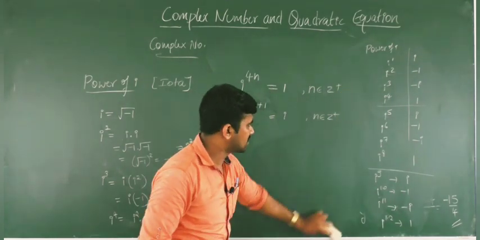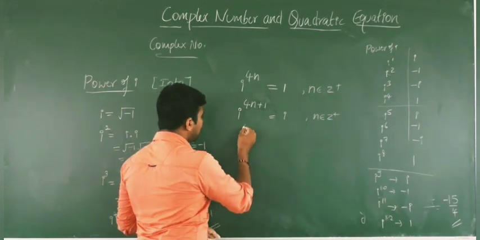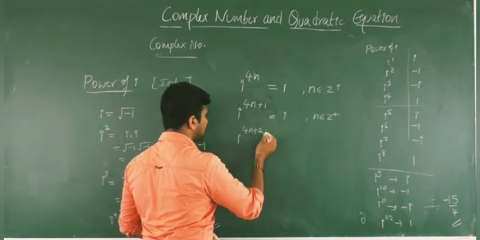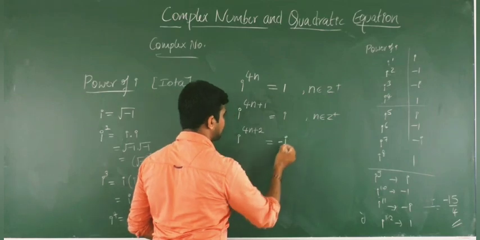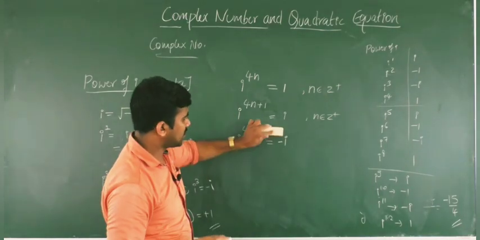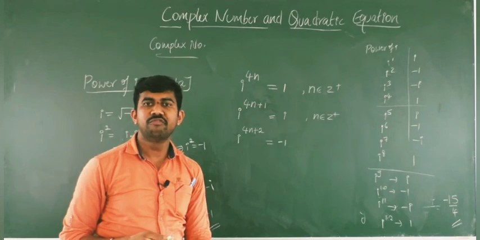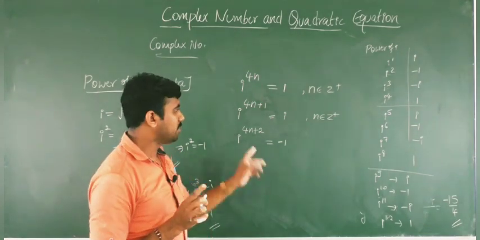Similarly, it continues like this. i to the power 4n plus 2 is always equal to minus 1.